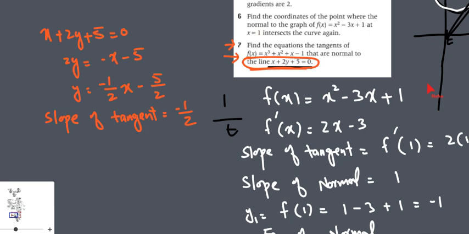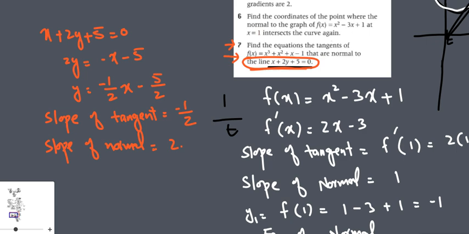Okay, but we have to find the tangents of this function that are normal to this. So what will be the slope of its normal? It is the negative reciprocal of this one, which is 2. Is it clear?